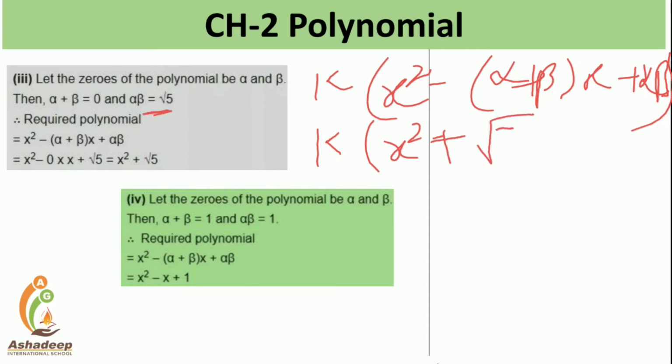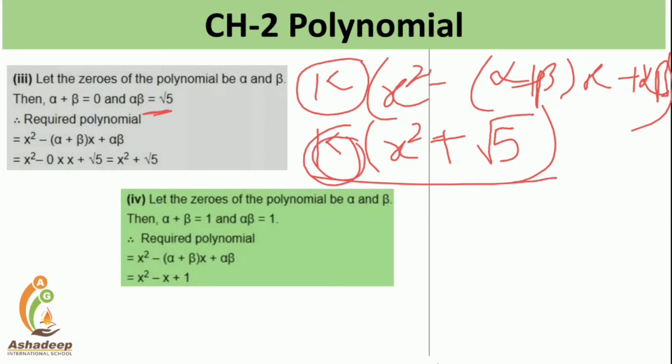So this is our answer, where k is a real number. See, once again I said you need to write k compulsorily over here. It is not written over here, but that is also fine, but we need to compulsorily write k with the equation.